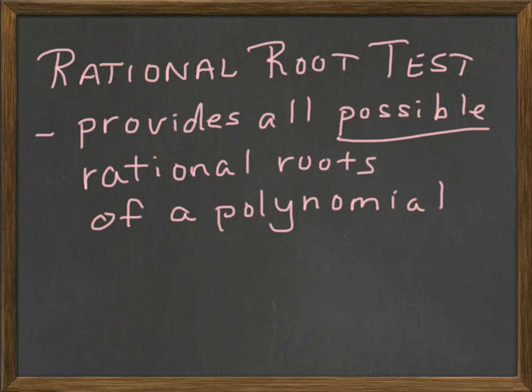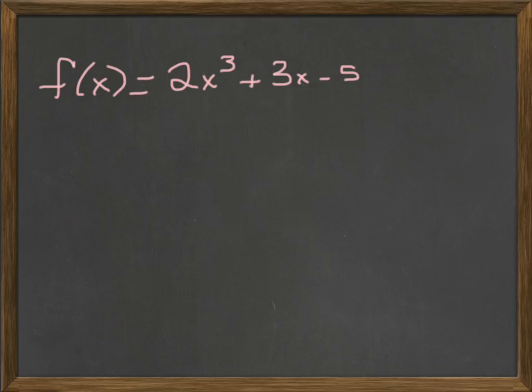The rational root test provides all possible rational roots of a polynomial. Let's take, for example, this higher order polynomial of 2x cubed plus 3x minus 5. Using the rational root theorem, we're going to call the leading coefficient q and the constant p.